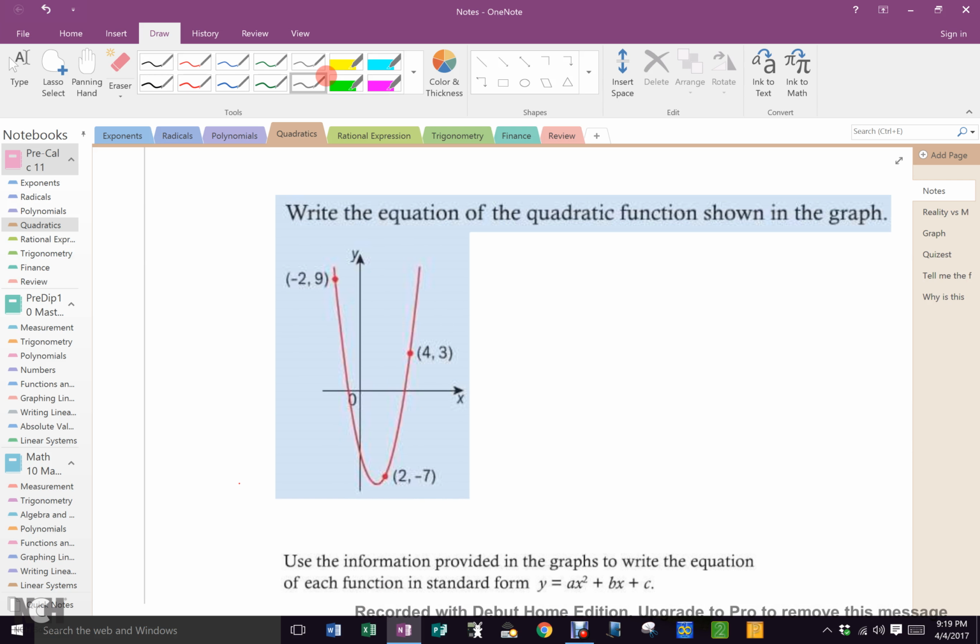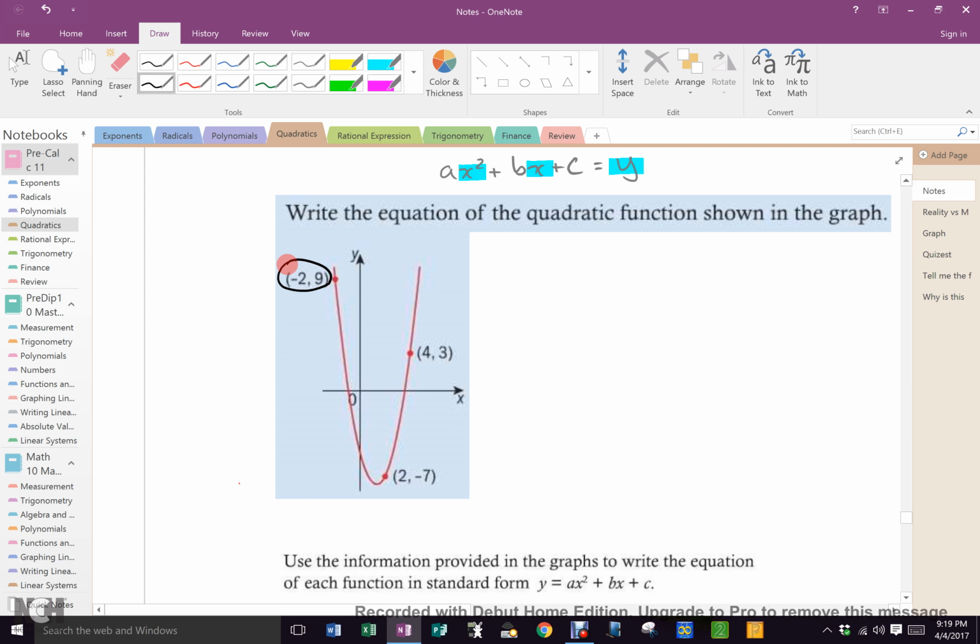I know that I need ax squared plus bx plus c equals y. Now, that is this parabola's equation. That parabola has x's and y's. Here, I have x's and y's. Now watch what I'm going to do.